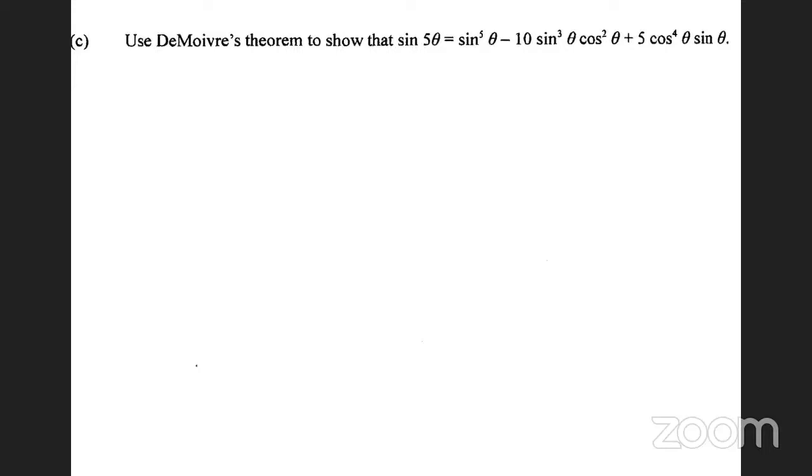This class feels like it'll be a whole day class. So let us see. As I said, De Moivre's theorem: (cos theta + i sine theta) to the 5 is equal to cos 5 theta plus i sine 5 theta.